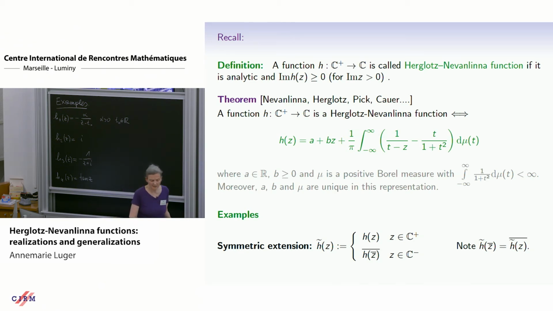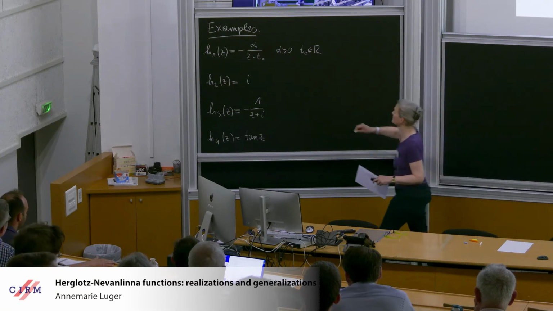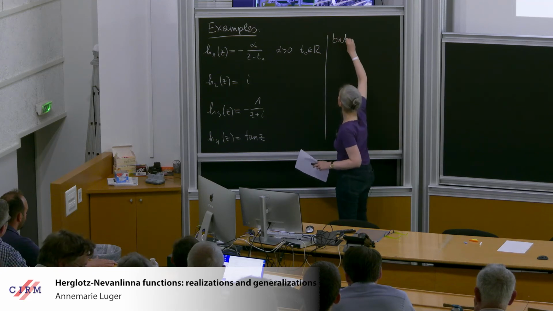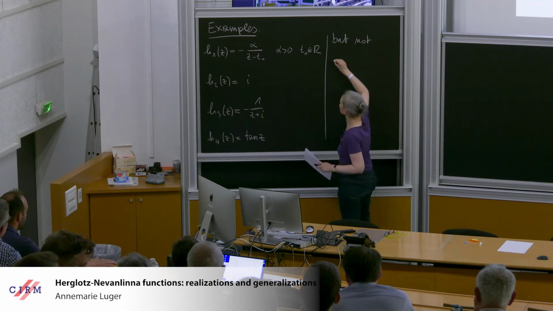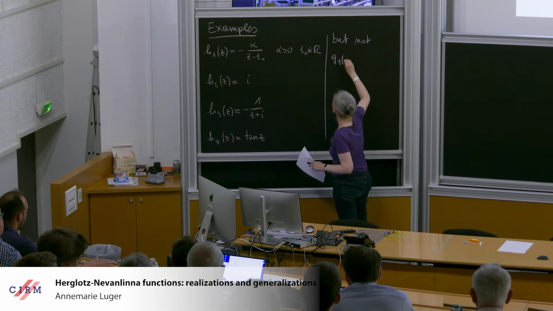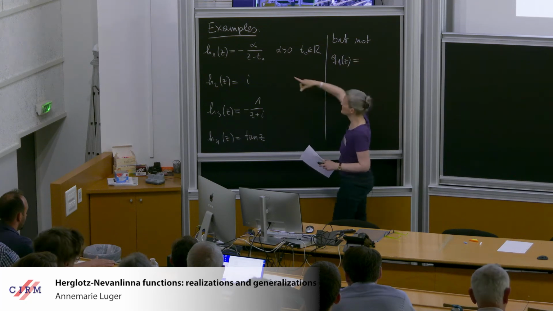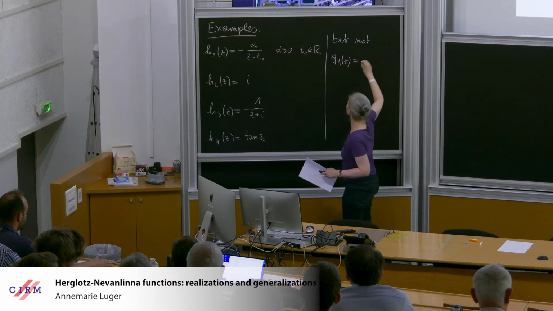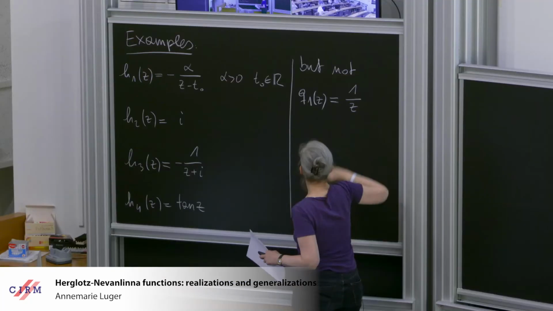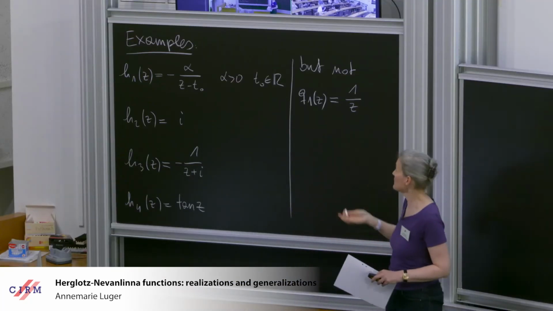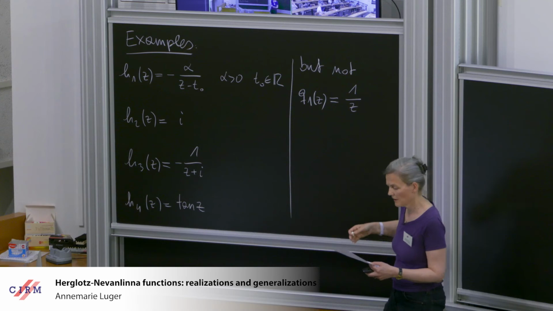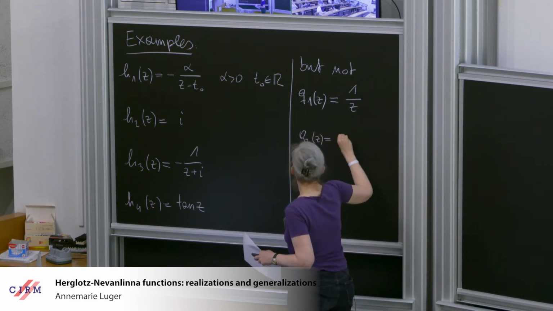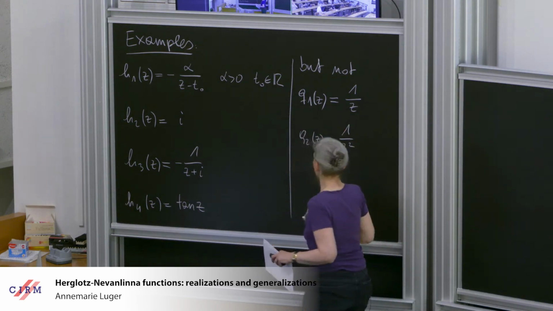But I want to say which are not Herglotz-Nevanlinna. Let's say Q1 of theta, something like this, but with a sign change. So let's say 1 over theta. This maps into the lower half plane, of course. Or Q2, 1 over theta squared.